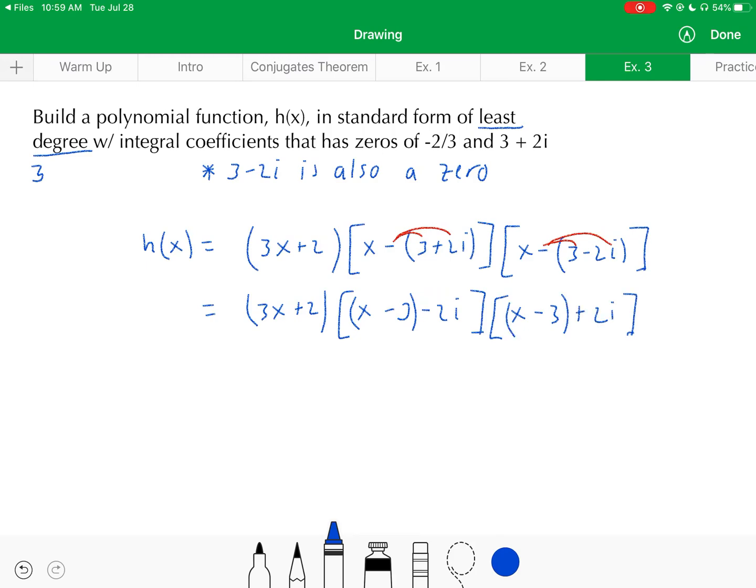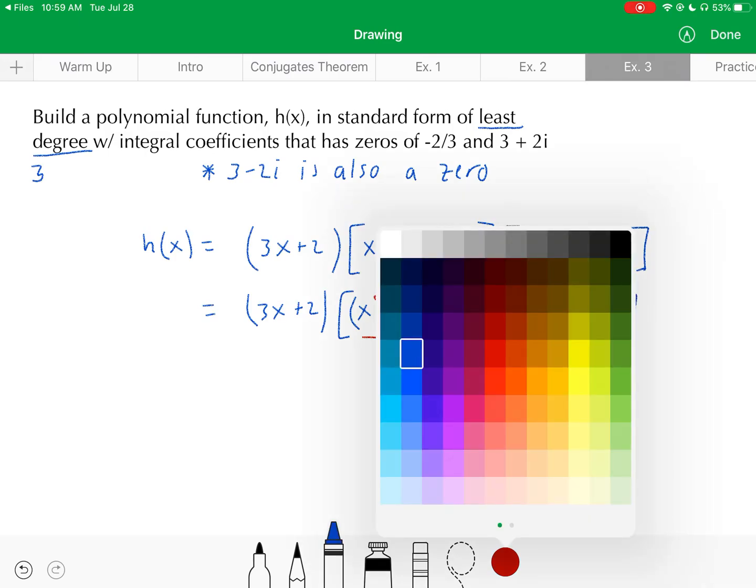Okay, so now these two sets of brackets are conjugates. I can do first and last parts of FOIL.